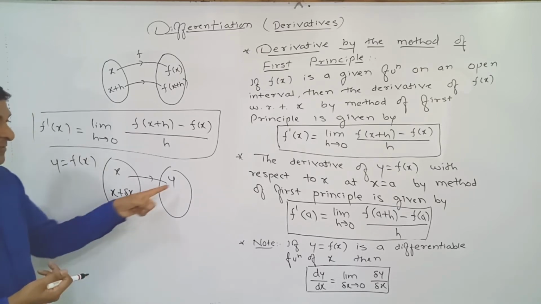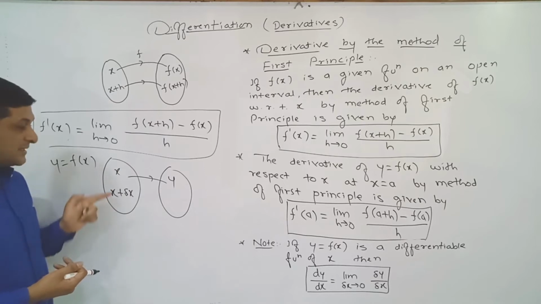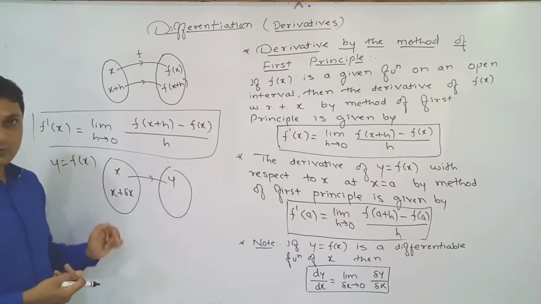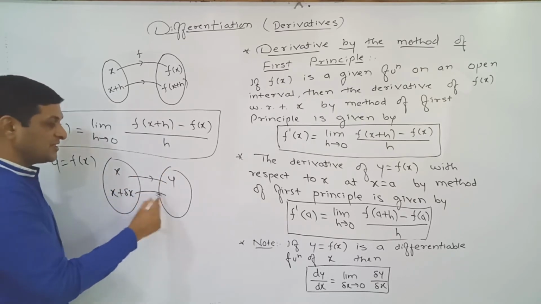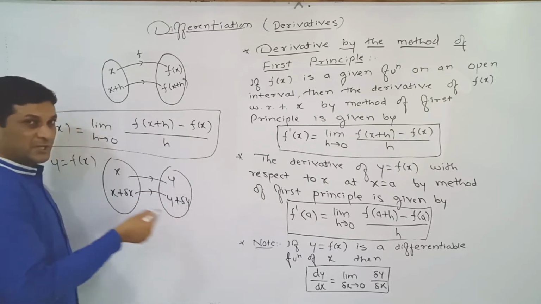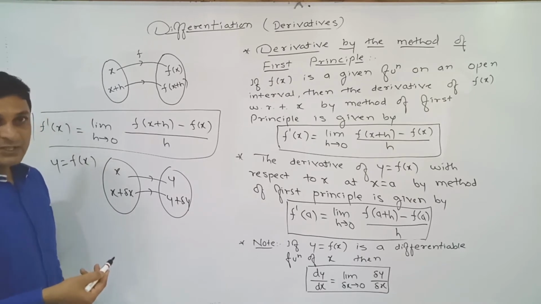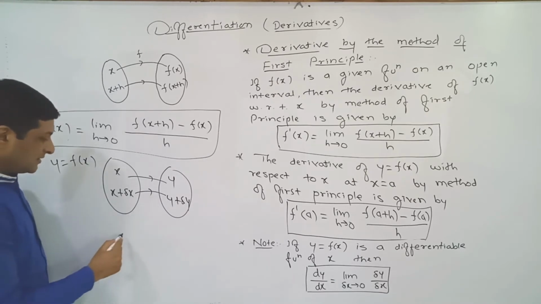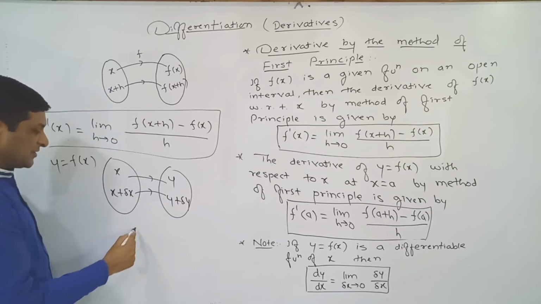So definitely y is a function of x, meaning as x changes, y also changes. So here the change in the value of y is denoted by delta y. These are the notations used by the mathematician Leibniz.